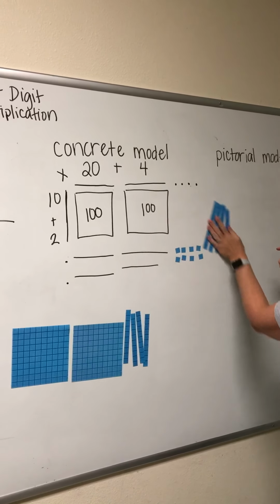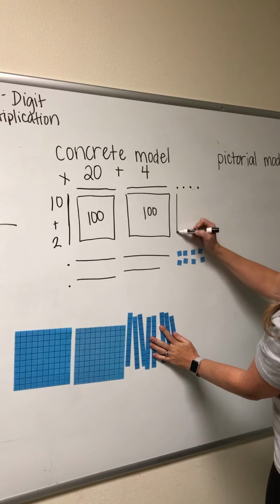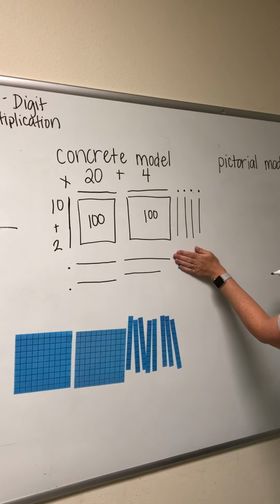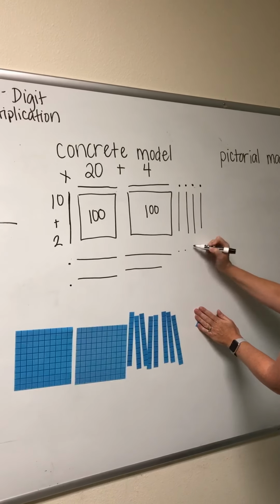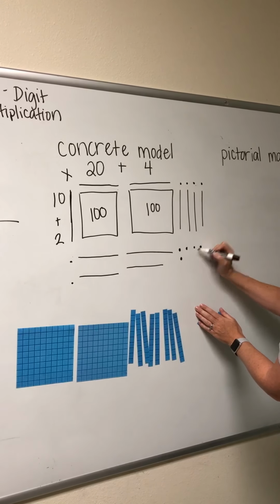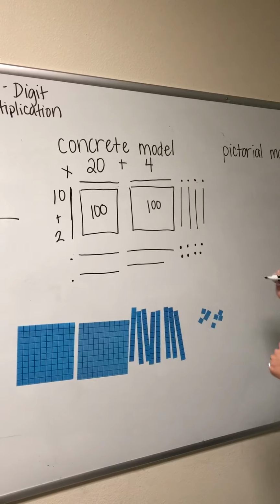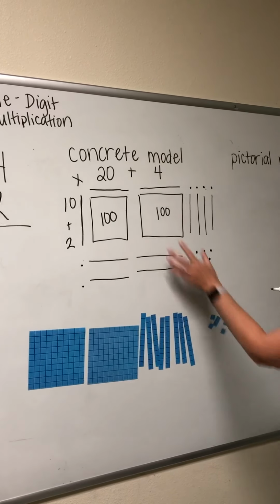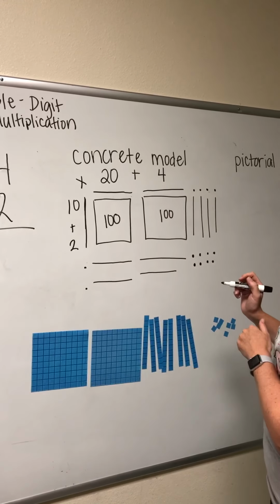I'm going to take these 4 10s, 10, 20, 30, 40, and I'm going to take these 8 1s and just represent them with 8 dots. Make those a little bit darker. And then we can find our total by either adding up the base 10 pieces or our pictorial pieces.